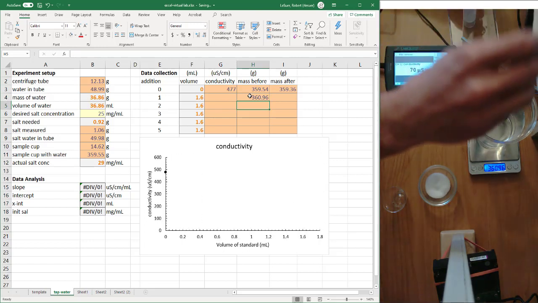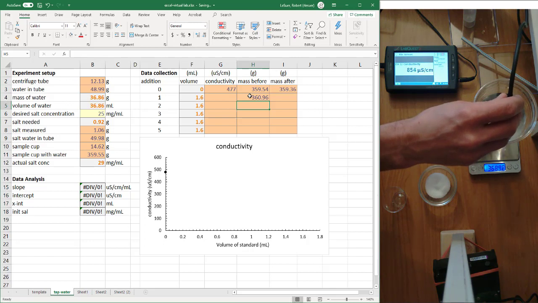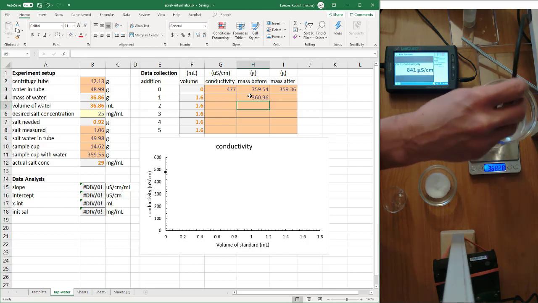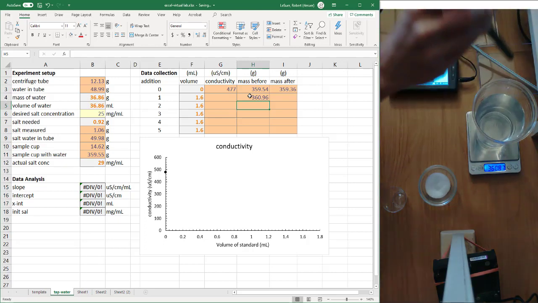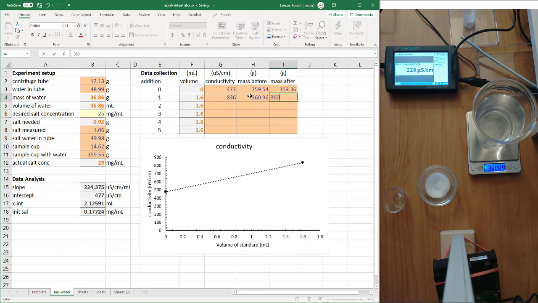And let's measure the conductivity. Let's call that 836. And 360.89.